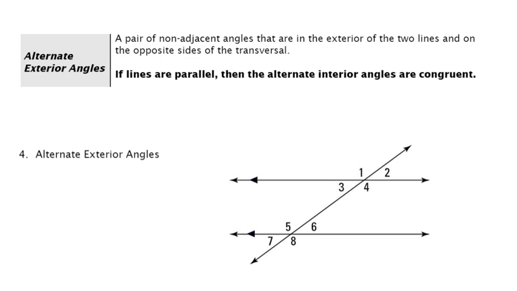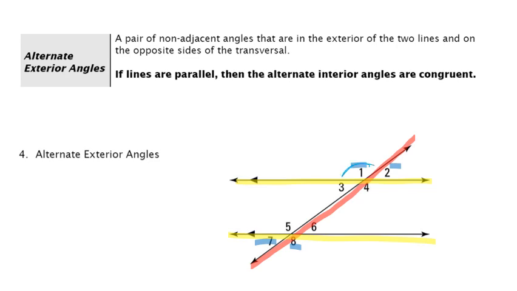The last definition we're going to have are alternate exterior angles. So same thing, I'm going to highlight my parallel lines and my transversal. Exterior means on the outside of the two lines, so that would be 7, 8, 1, and 2. And we're looking for angles that are alternating, so they're on opposite sides of the transversal, but on the outside.